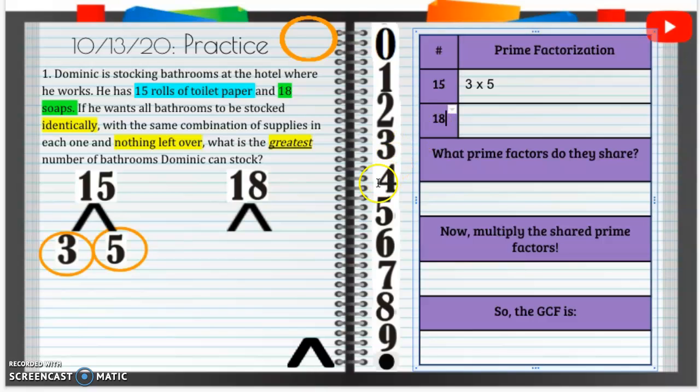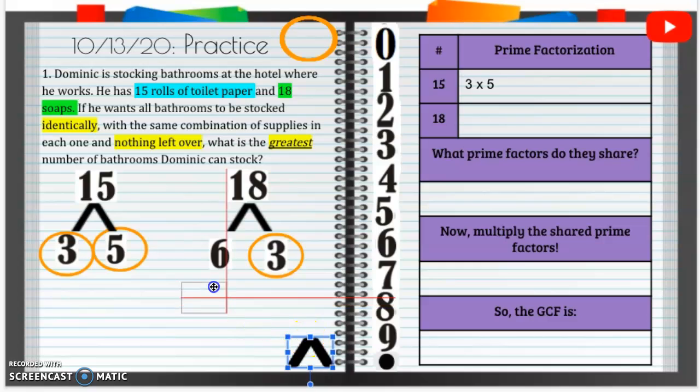What about 18? What times what equals 18? This one you can do a couple different ways. You can do 9 times 2, or you can do 6 times 3. Let's do 6 times 3. Are either of those a prime number? Yeah, 3 is a prime number because the only two factors are 1 and itself. What about 6?